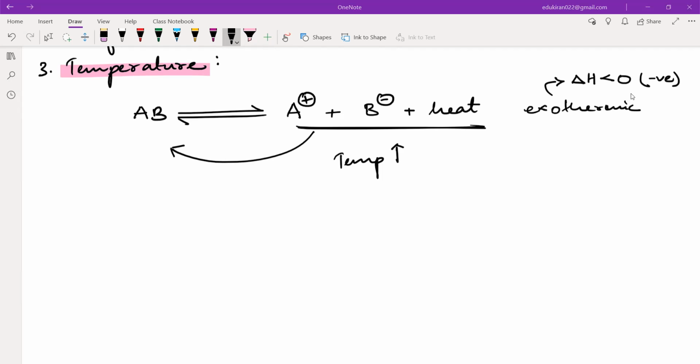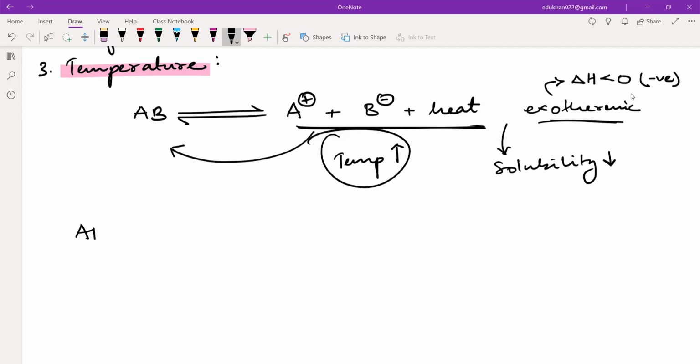Correct? Yes, sir. So what is happening? Are we dissolving things or crystallizing things if the temperature is increasing in an exothermic process? This leads to crystallization. In the backward direction, crystallization is happening, right? That means the solubility is decreasing. Solubility will decrease.